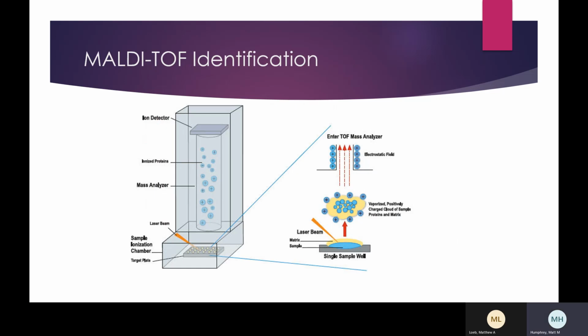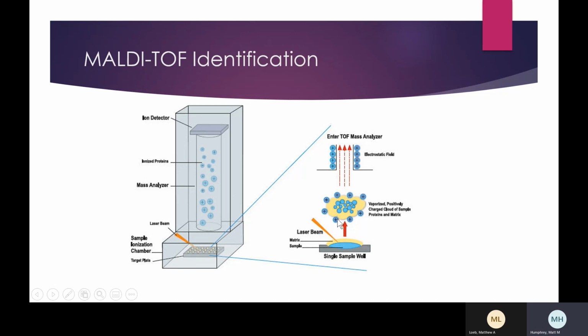The other method that we use a lot, that you guys will get plenty of practice on, is MALDI-TOF. We just call it MALDI. Some people call it the Bruker. There's another version called the Shimadzu. There's a Vitek. There's all sorts of different names for it. We'll talk about the technology when you get into section 2. Essentially, we've got a little plate with little wells. We put a bit of inoculum onto the wells, and then we overlay it with what we call a matrix.